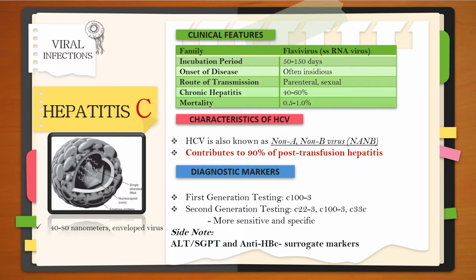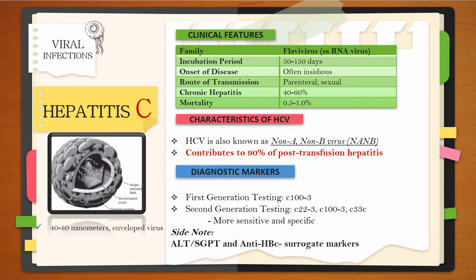So, as for the diagnostic markers, we generally perform two test generations for these markers. The first gen testing is done by detecting the antibodies to C100-3, which is associated with viral replication and the infectious state of the virus, while the second gen testing, the most sensitive and specific testing, is via detection of antibodies to C22-3 or the viral core structure, C100-3, and C33C, which is a cytoplasm-bound viral marker.